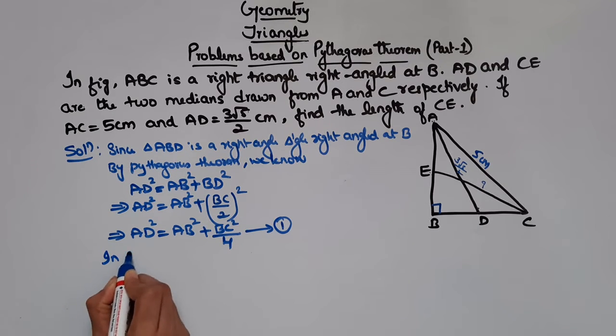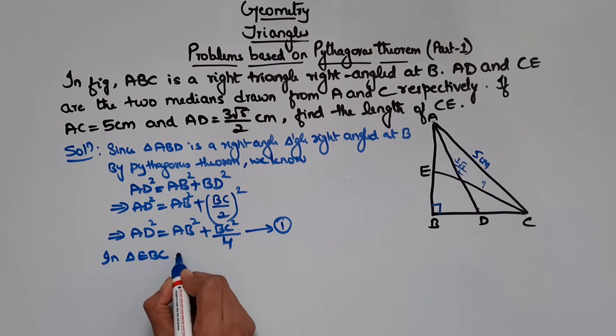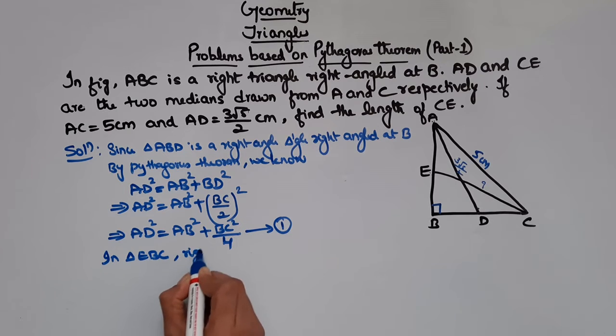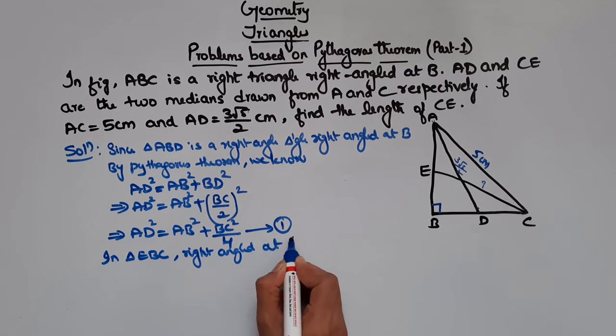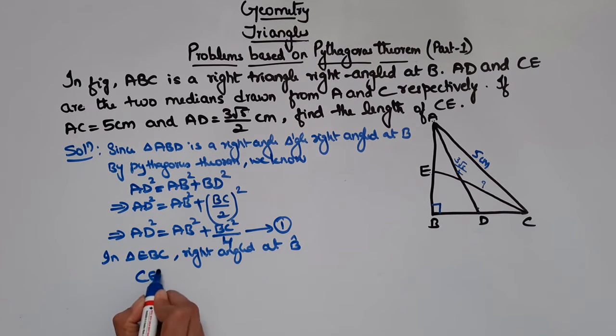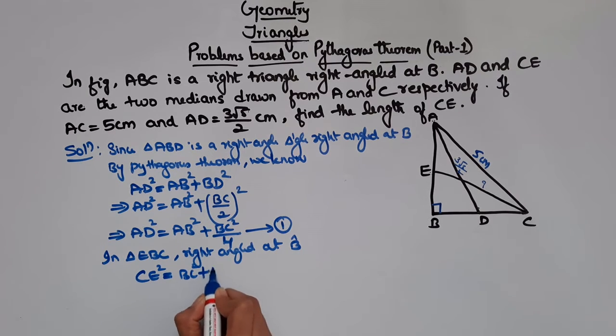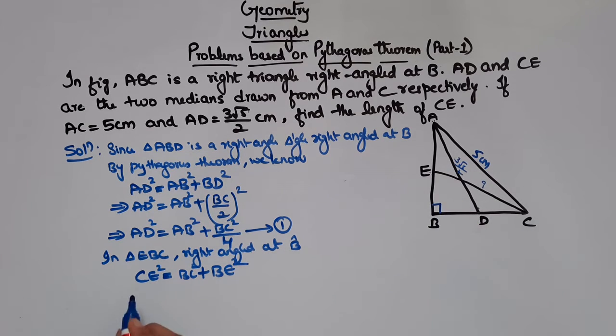In triangle EBC, which is right angled at angle B, we know CE square is equal to BC square plus BE square, right?